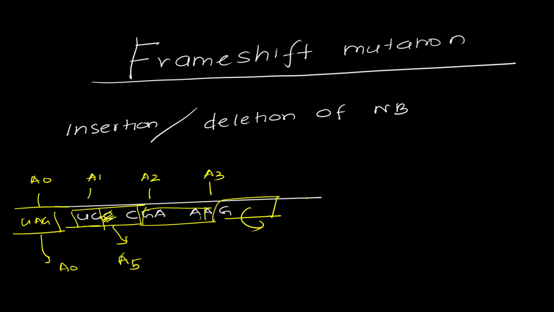I know it's a single amino acid that has changed, but still the manifestations are quite drastic because of the shift of frame, right? But if deletions occur in triplets or insertions occur in triplets, a codon itself is going to be taken out. Under those circumstances, you would see that a single amino acid will not be shown in the protein that will be translated, but the others will.